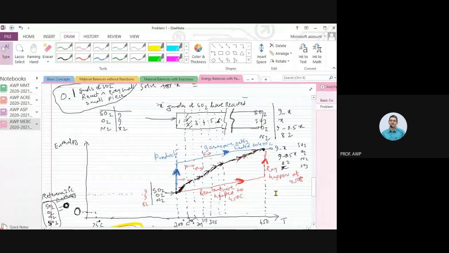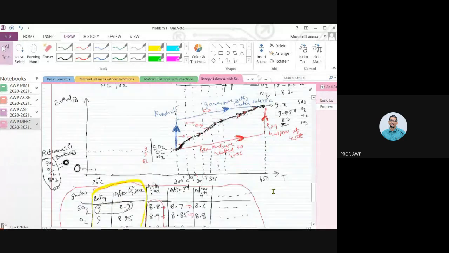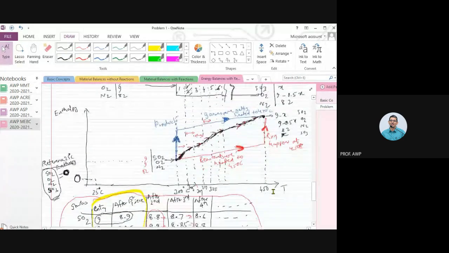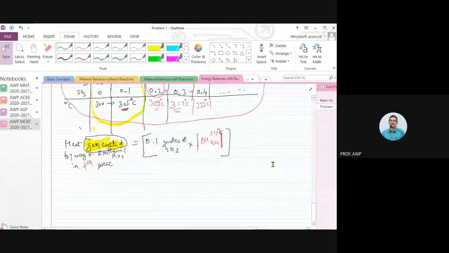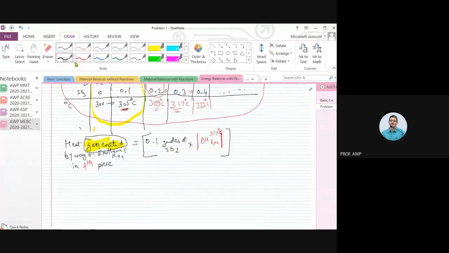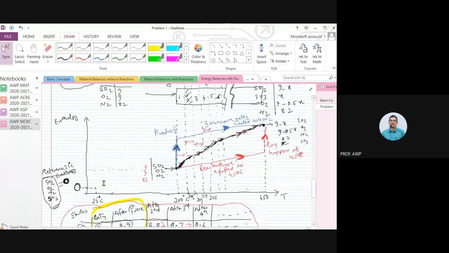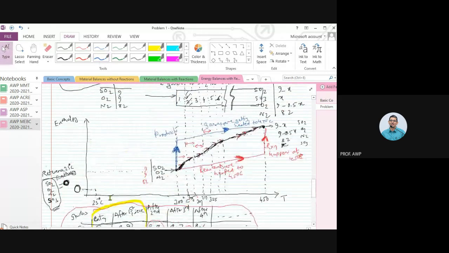Yes, sir. So if we are traveling by this blue path, you might want to draw this in your notebooks also.